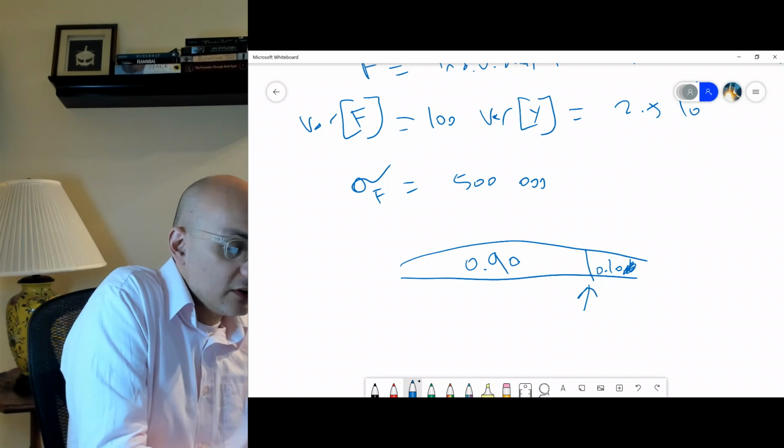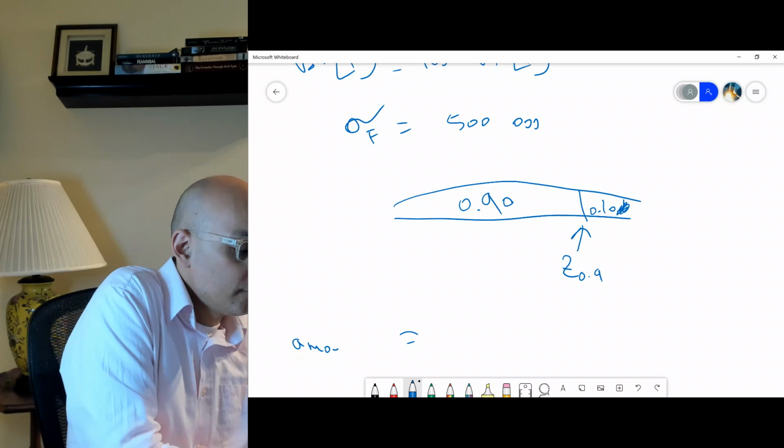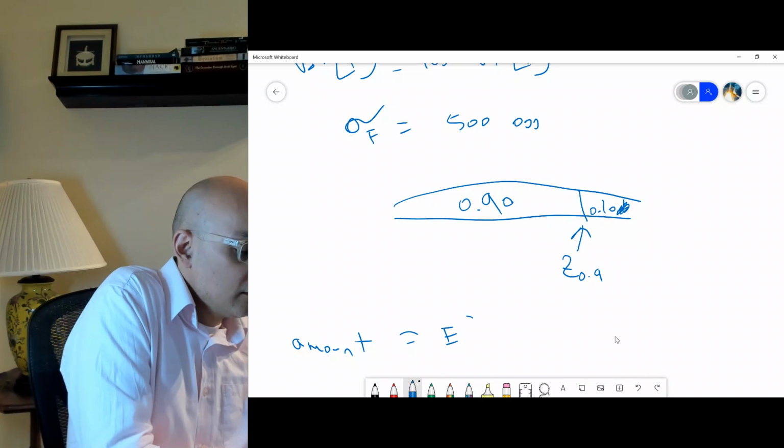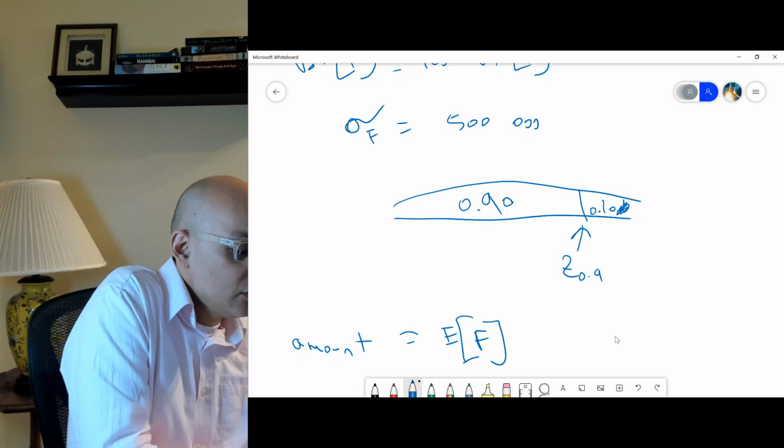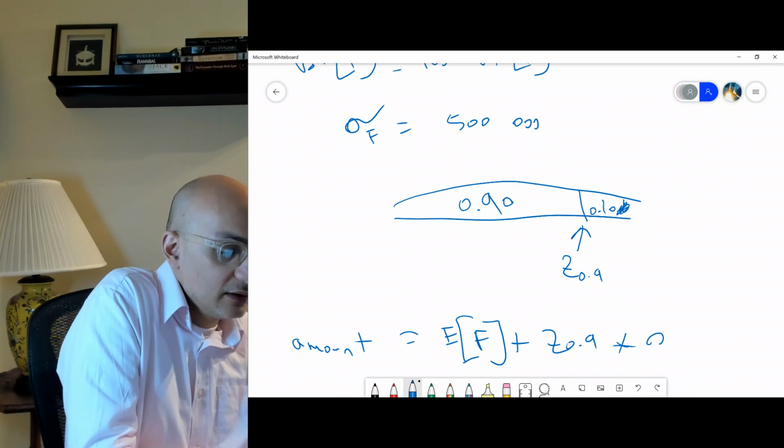Remember, we need the fund to be able to cover 90%, and this 10%. So now we need Z here, because we need the amount to be the expected value of the fund, and you add to it Z90 multiplied by sigma of the fund.